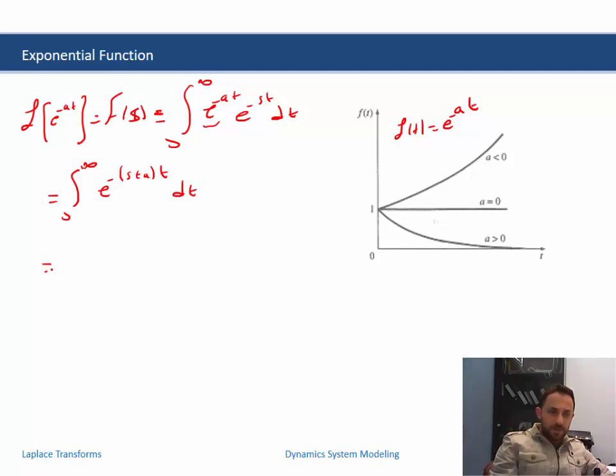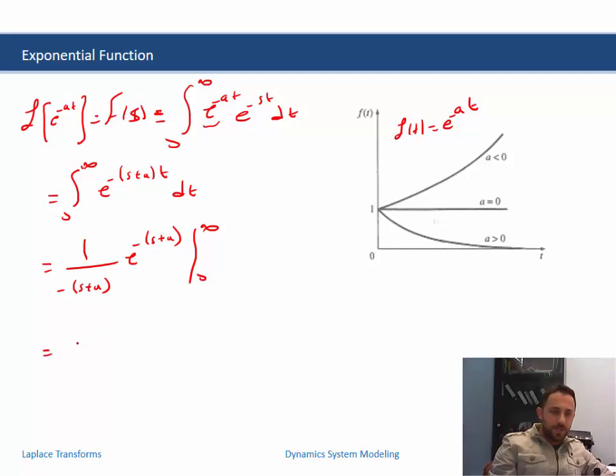Again, the integral of this exponential term is 1 over the derivative of this term, which is minus (s plus a), times e to the power minus (s plus a) t, bounded between 0 and infinity.